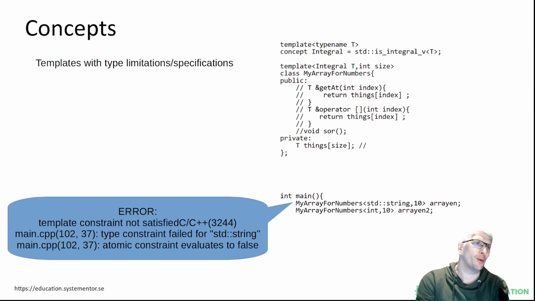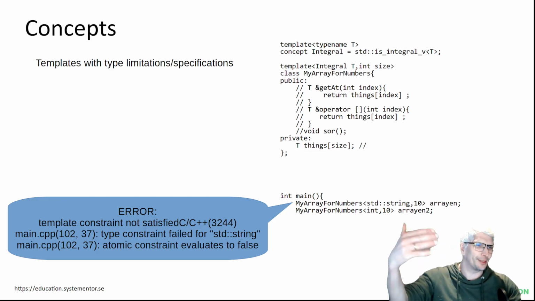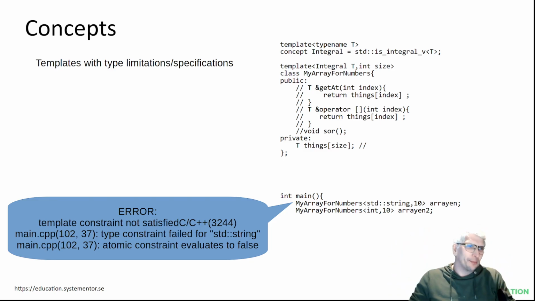the only thing you can say in a template is, I want a class name, or a type name, like this: typename T. You've seen it. But that typically means you could enter anything.